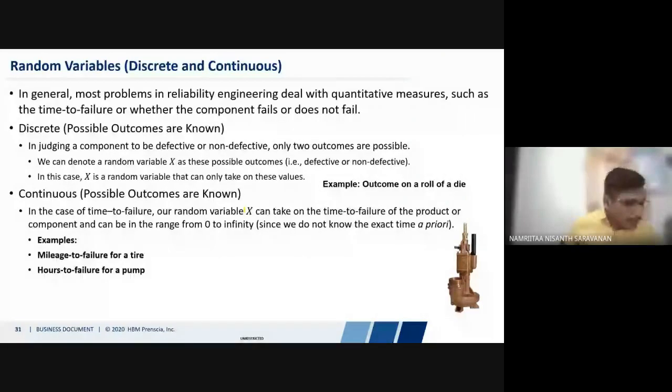So discrete variable is yes or no. That means you switch on the bulb, you switch on your fan. The outcome is the fan is rotating, fan is working or not working. So you switch on the light bulb, it is working or not.